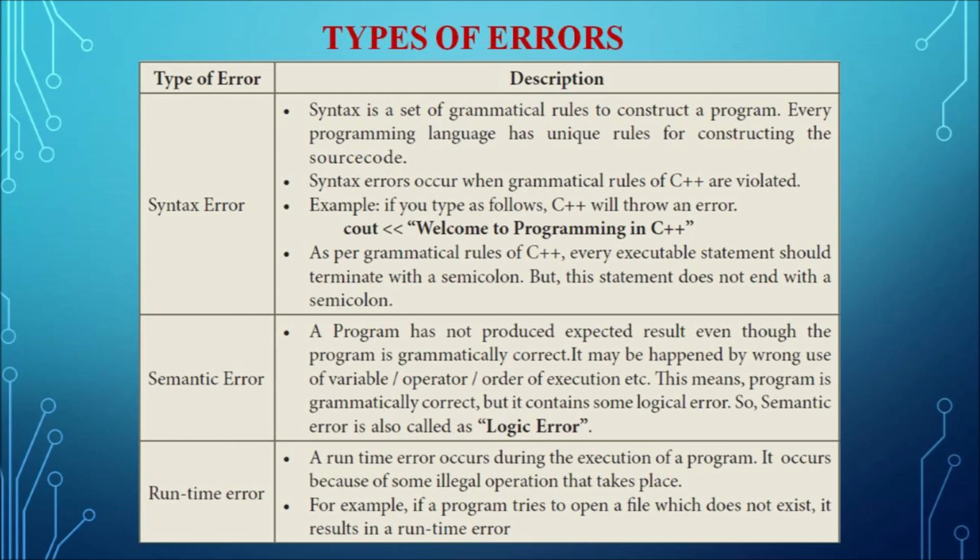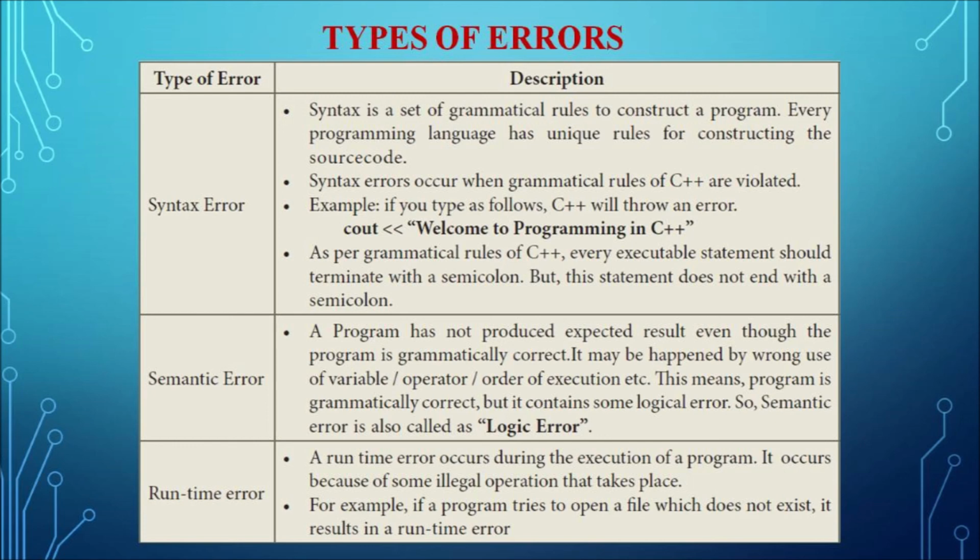For example, in the statement "Welcome to programming in C++" with cout, at the end they have missed the semicolon. So it is a syntax error. Like this, errors are categorized under syntax error. The next one is semantic error. In a semantic error, the program has not produced the expected result even though the program is grammatically correct.